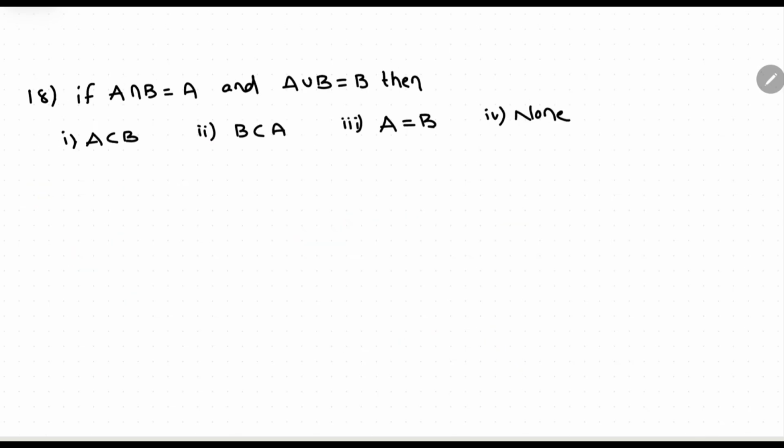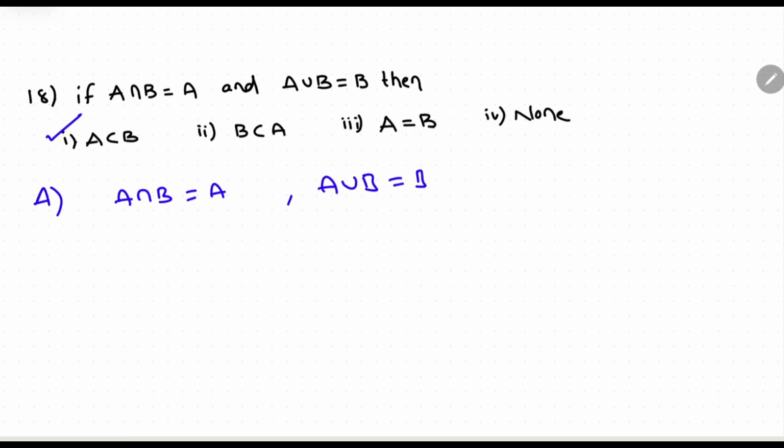Now in the given problem, A intersection B equals A and A union B equals B. So the common portion of A and B is A, which means A will be a part of B, and A union B equals B, so here also A will be a part of B, therefore A subset of B. That is the answer.